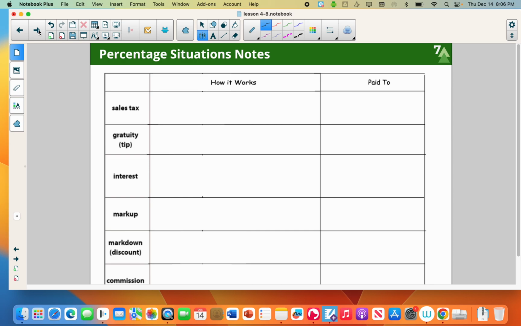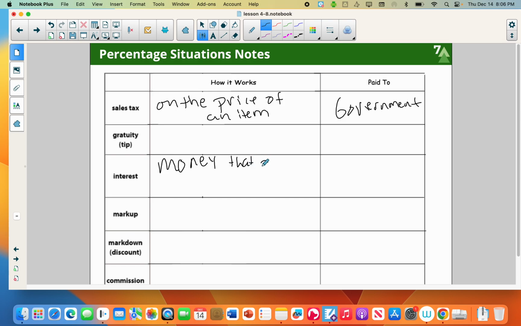So some things we're going to be looking at today. Sales tax. So that's paid to the government. And that's paid on the price of an item. It's a percent of the price of an item. We're also going to be talking about interest, which on a savings account is money that is added.